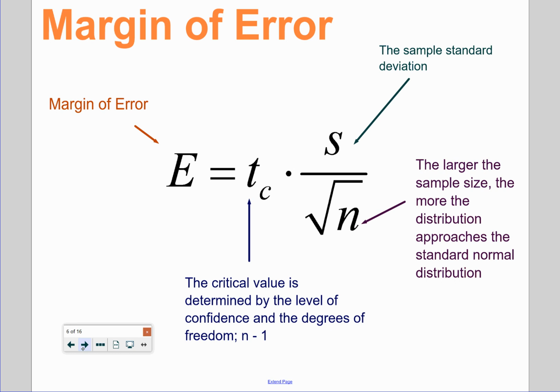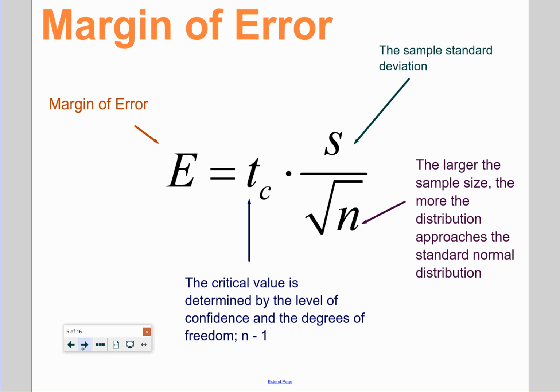In this problem, we do not know the population standard deviation, so we use our critical value of t instead of our critical value of z. We find that on our table, and then multiply it by the standard deviation of the sample, s, over the square root of n, where n is your sample size. So margin of error: critical value of t times the sample standard deviation divided by the square root of n.